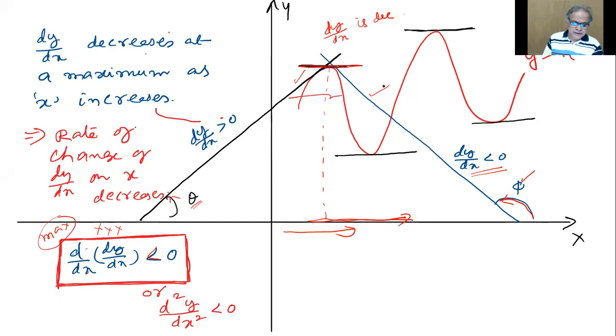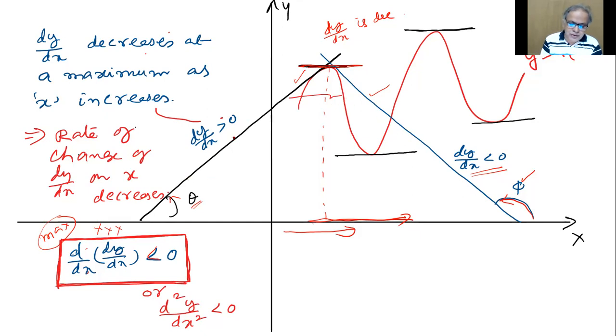Okay, we'll see. So this statement, can I believe that you followed this? As x is increasing, as I go from a point before the maximum through the maximum to a point after the maximum, the slope is falling.